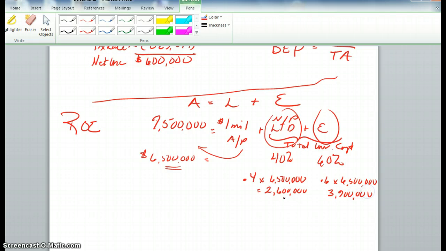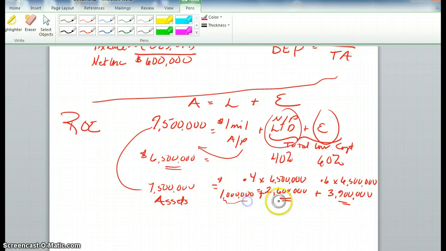3,900,000 in total equity. And so look what we have. Our total assets down here, I'm going to bring this 7.5 million back down here that you calculated for total assets, equals 1 million in payables plus 2.6 plus 3.9.